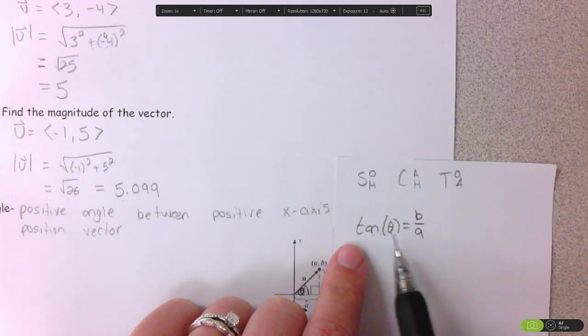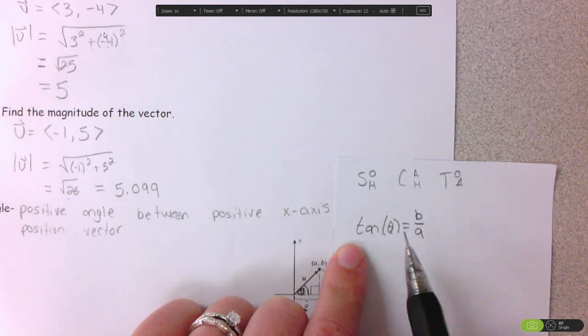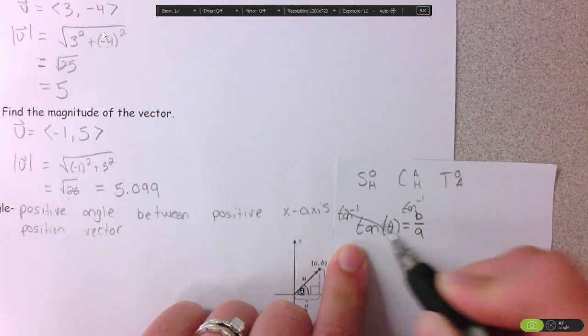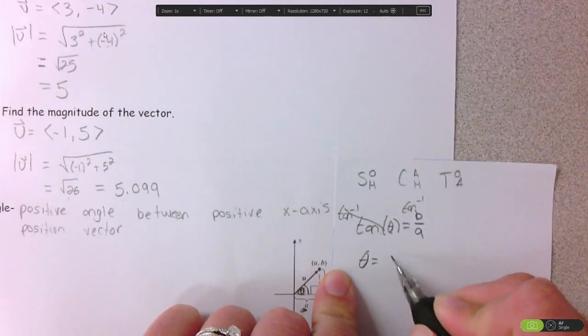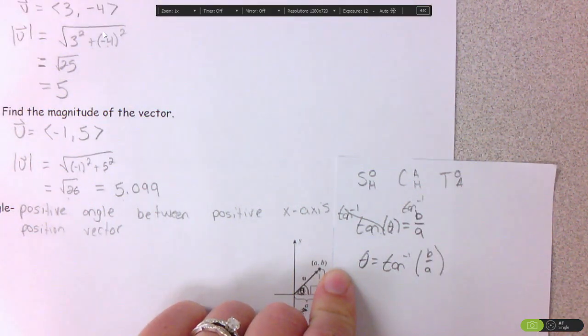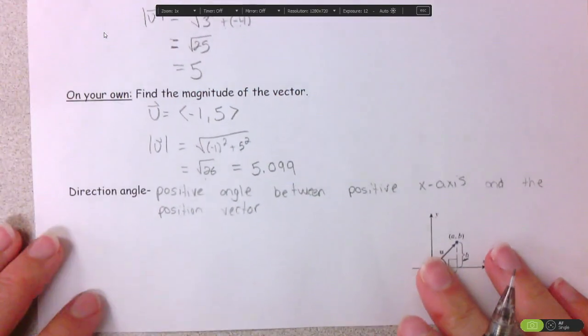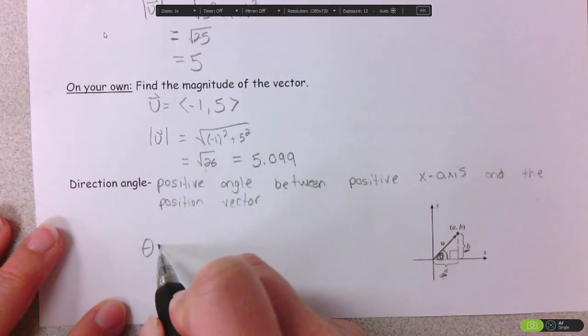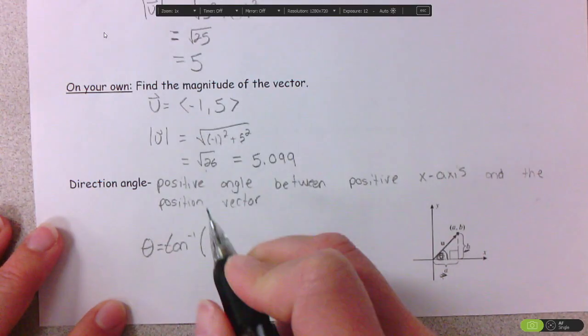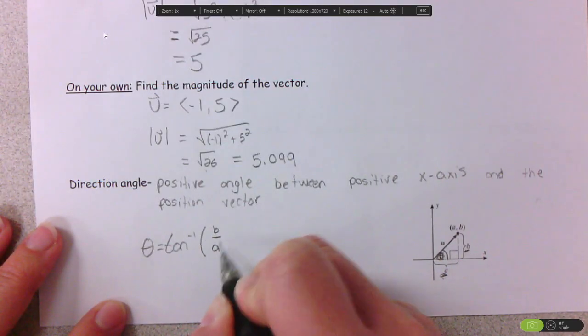What do I do to both sides? We'll take tan inverse. So here, these cancel out, leaving me with theta, and this is going to be tan inverse of B over A. And that's our formula. So the formula will be theta, because that represents an angle, equals tan inverse of B over A.